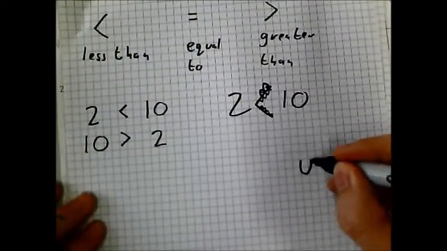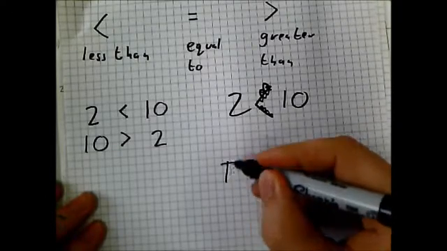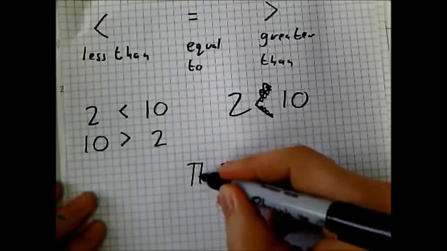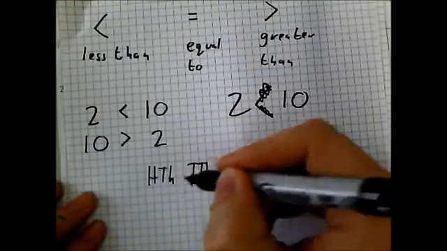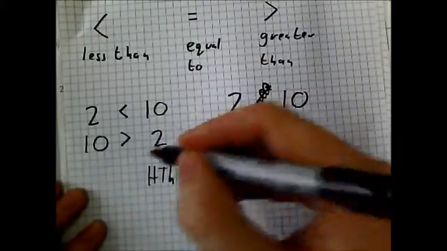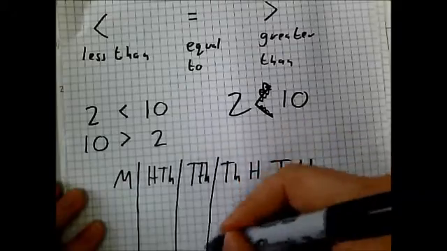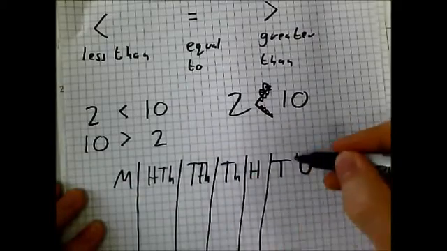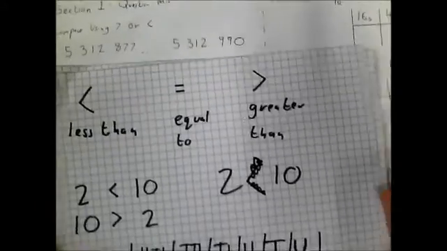So we've got units, tens, hundreds, thousands, 10,000s, 100,000s, and millions. And that's all we need for this example. Okay, and I'm going to write my two numbers in my place value grid.